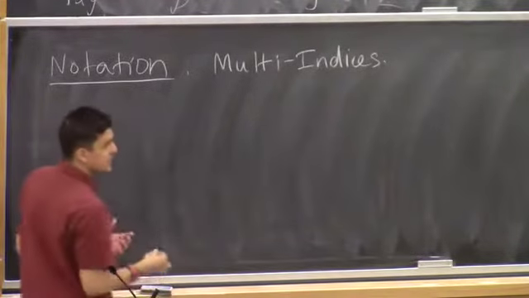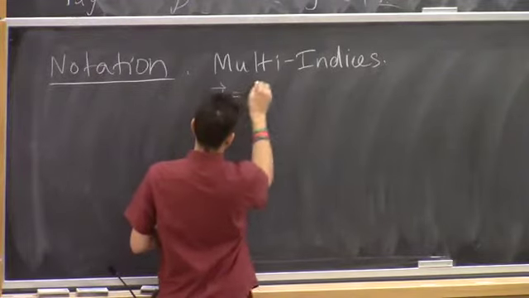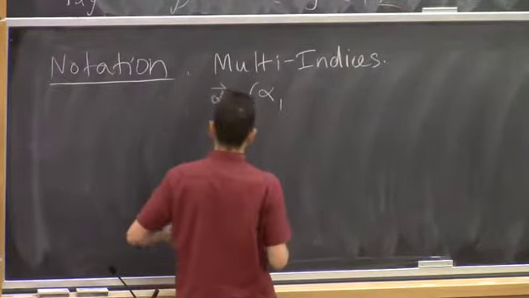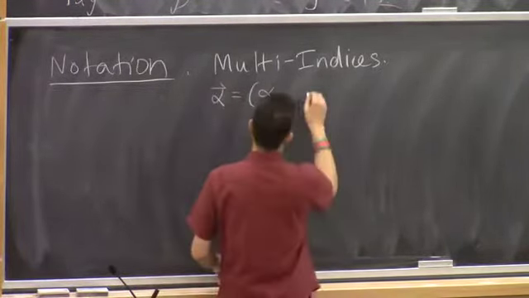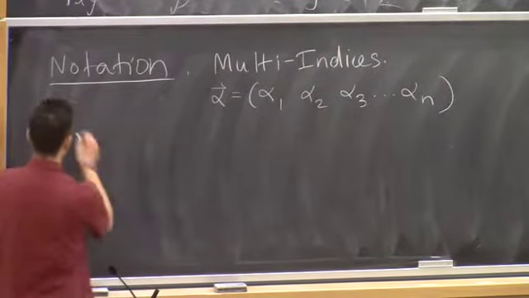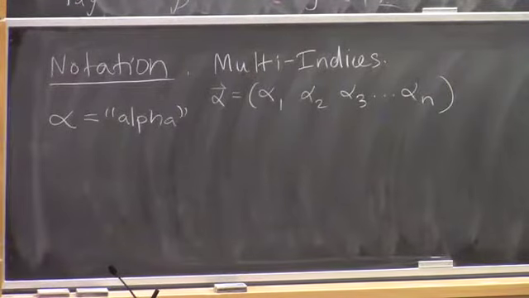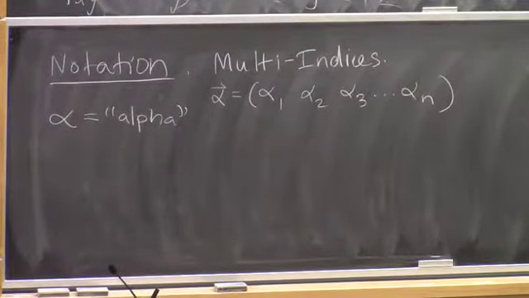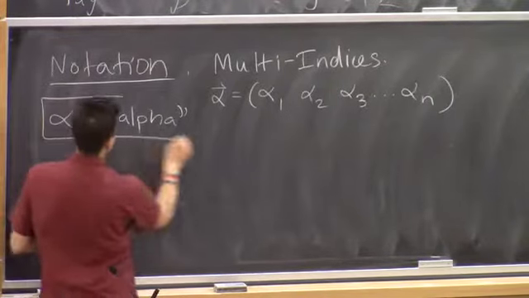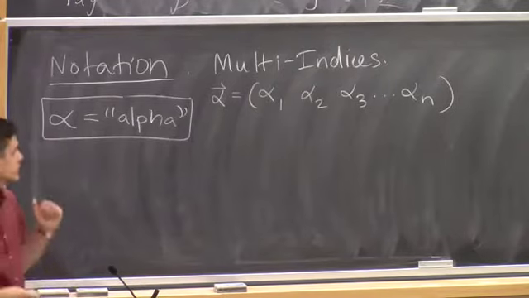Okay, so a multi-index is a list of numbers, okay, this is the Greek letter alpha. Okay, so alpha looks like a fish. I don't know why that's relevant, but whatever. So we're going to use multi-indices to write down the full statement.